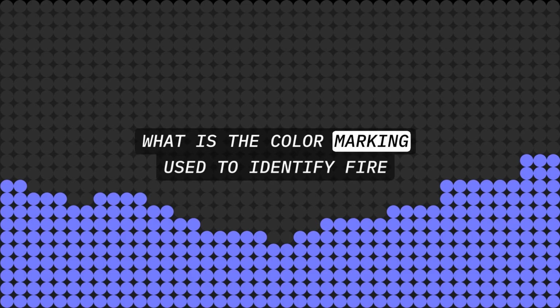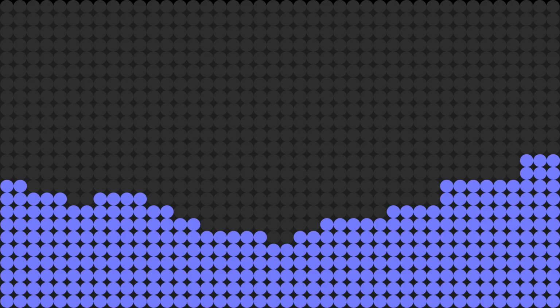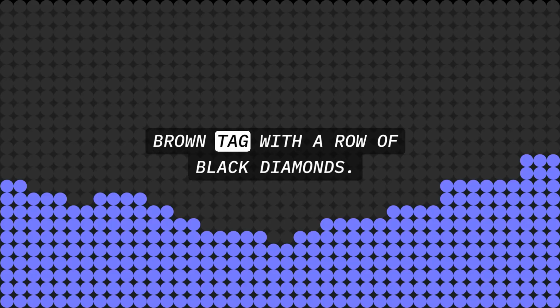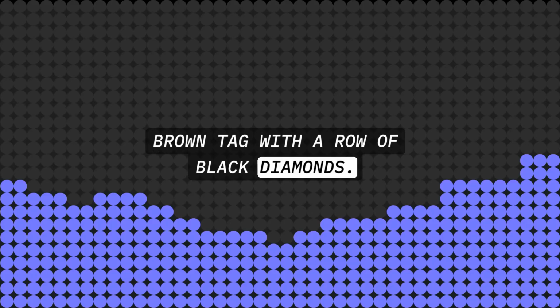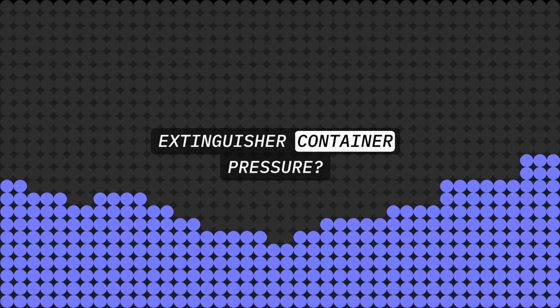What is the color marking used to identify fire extinguishing lines? A brown tag with a row of black diamonds. What method is used to determine proper fire extinguisher container pressure?